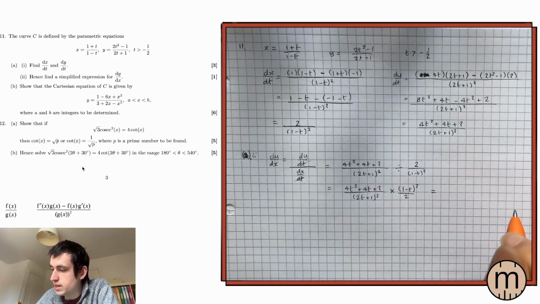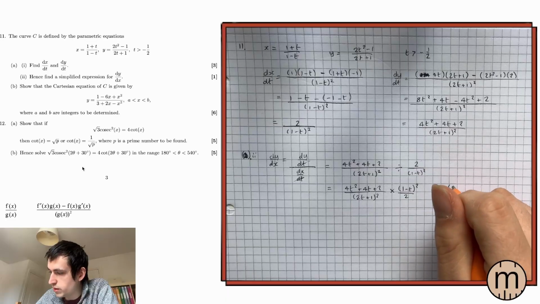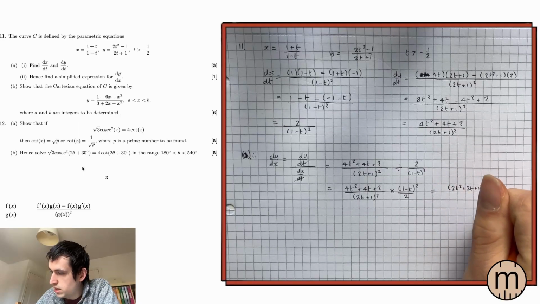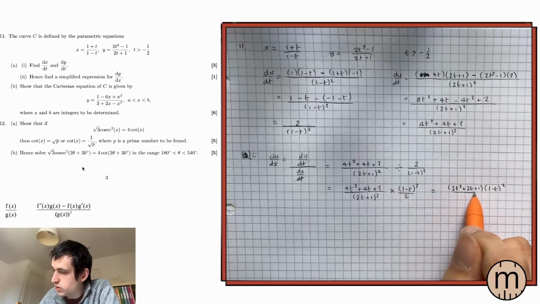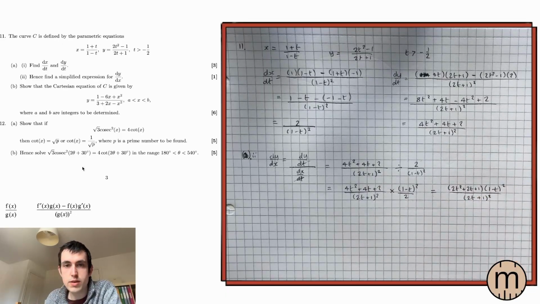If we do that, we get a simplified expression. These all have a factor of 2, so I'm going to just divide them all by 2. 2t squared plus 2t plus 1, times (1 minus t) squared, all divided by (2t plus 1) squared. That's our simplified expression for dy/dx.